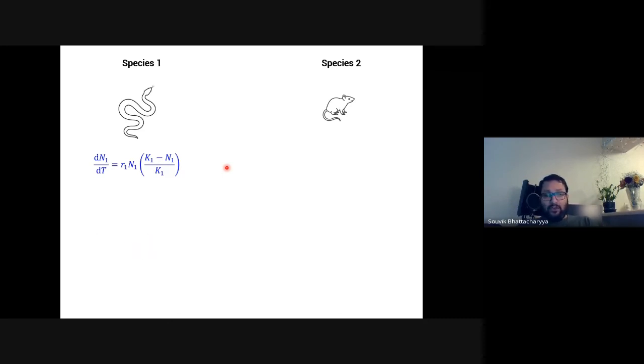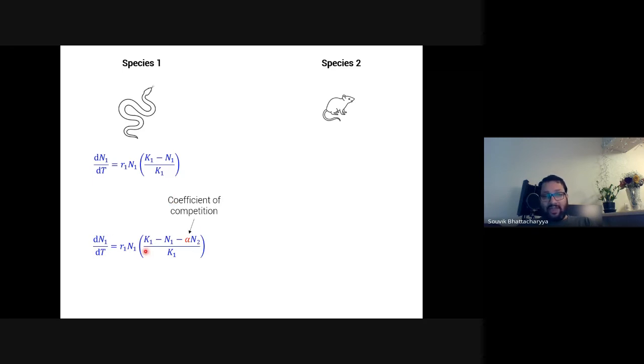So what Lotka and Volterra did is introduce this factor, the coefficient of competition, where they said that the number of individuals and how they are competing against each other will also impact how the number of individuals changes over time within a population.